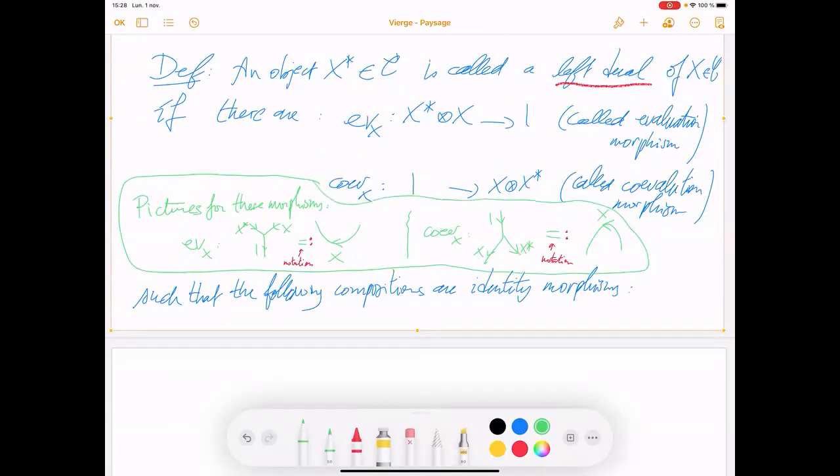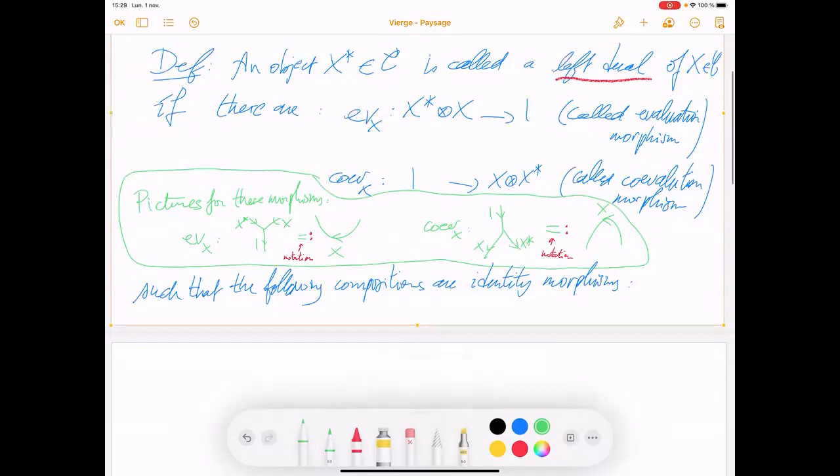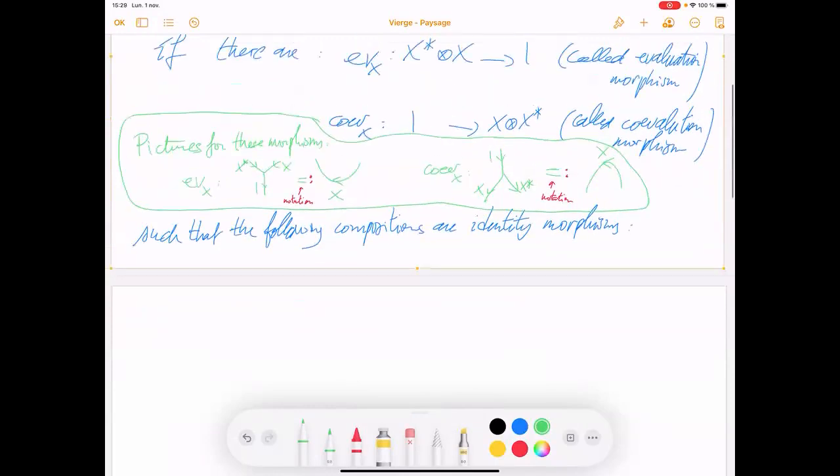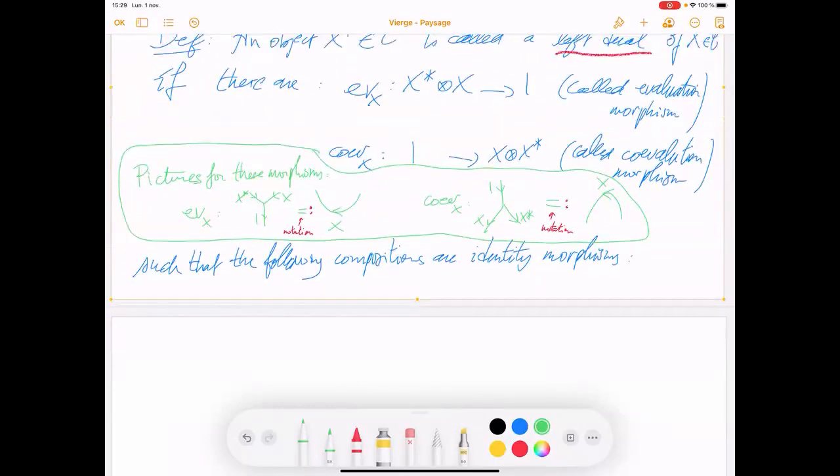It's quite usual. These pictures are very well known in the literature, so you should know how to interpret pictorially the evaluation and co-evaluation map. So now, what about the axiom for being an evaluation and co-evaluation map?